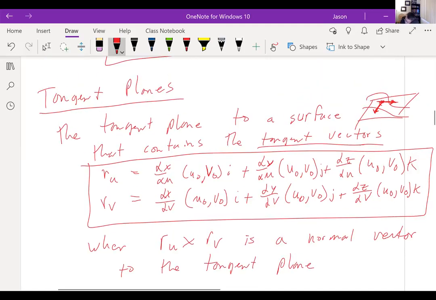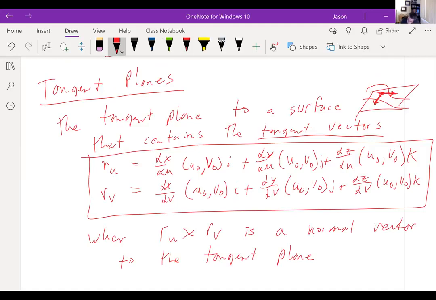So that's the normal vector to the tangent plane. I'll just call that n. n is equal to r_u cross r_v.